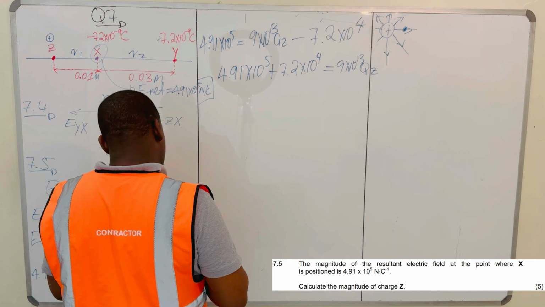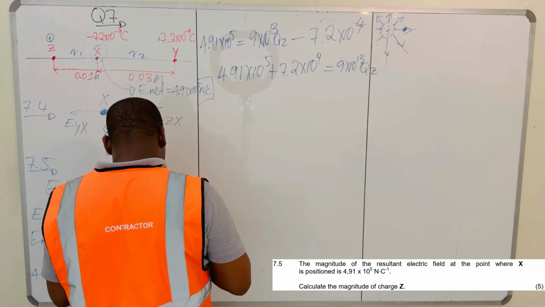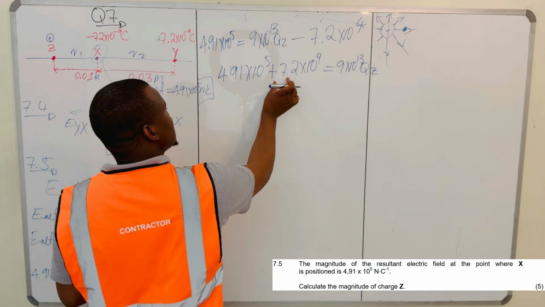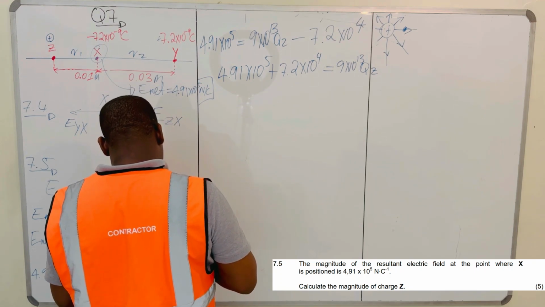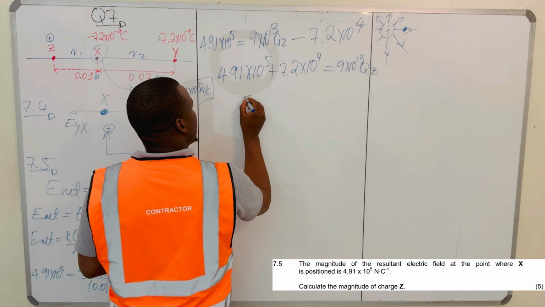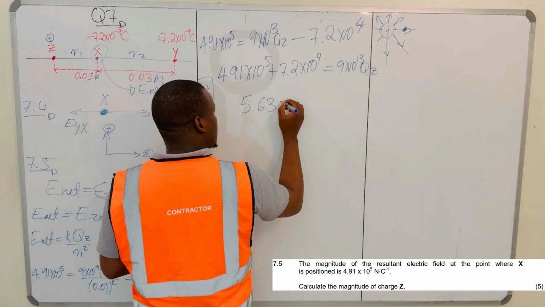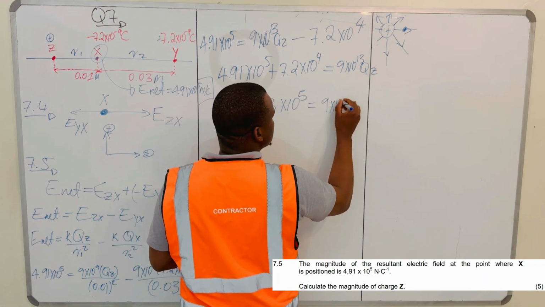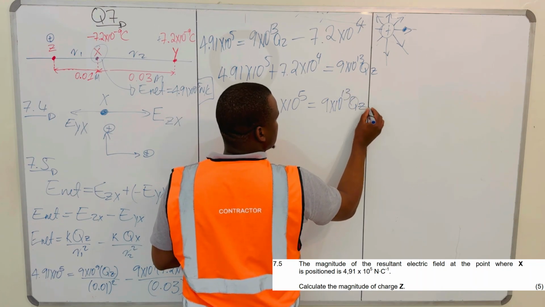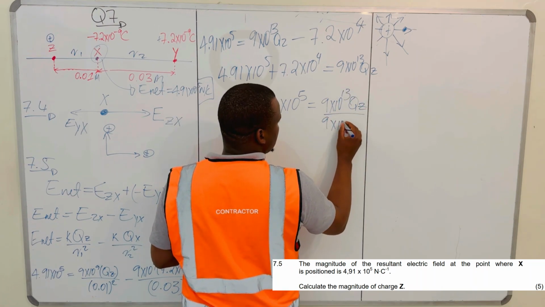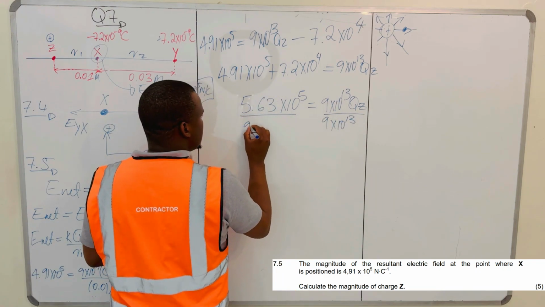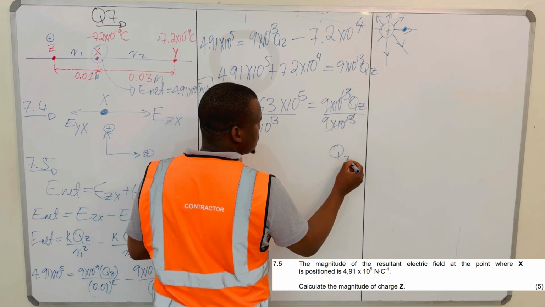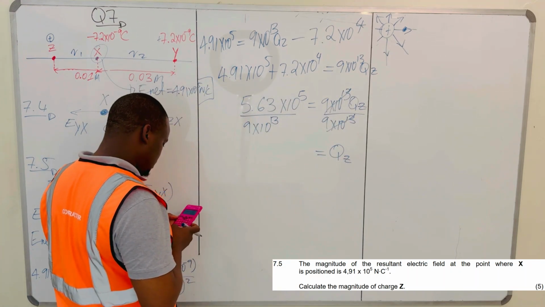So this is 5.63 times 10 to the 5 is equal to 9 times 10 to the 13 Q_Z. Divide by 9 times 10 to the 13 on both sides. So you get that your charge Z is equal to the answer to this.